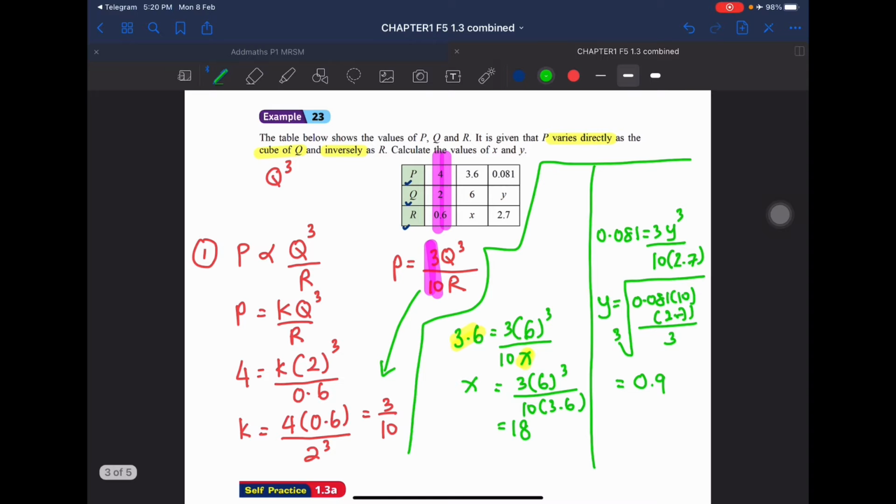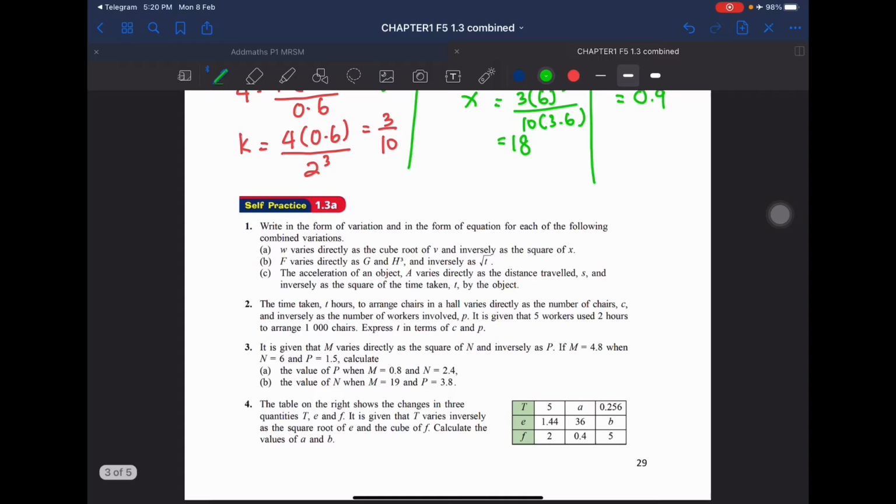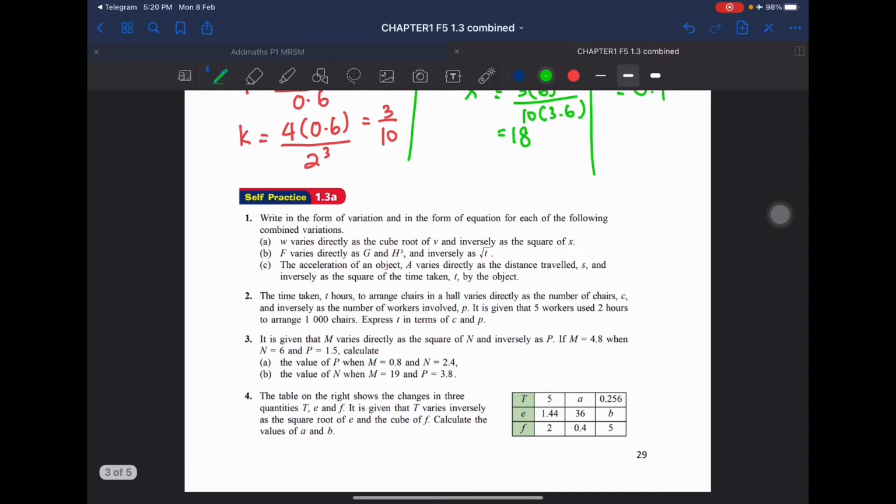I hope the explanation is clear to you. So self-practice 1.3a. This is the first assignment for your class today. I want you to do number 1, number 2, number 3 and number 4.